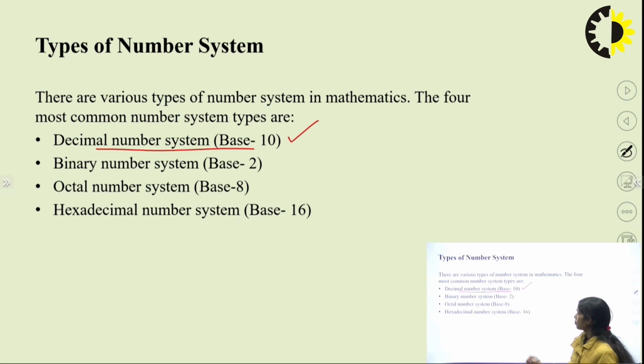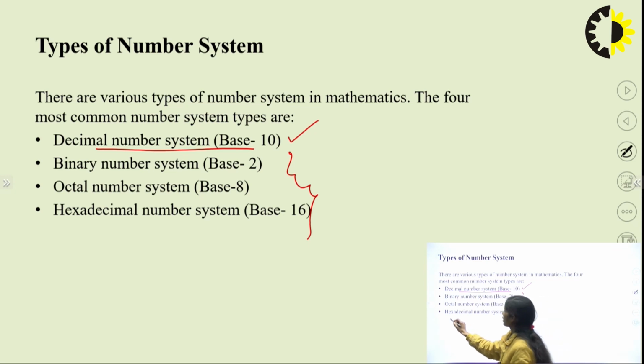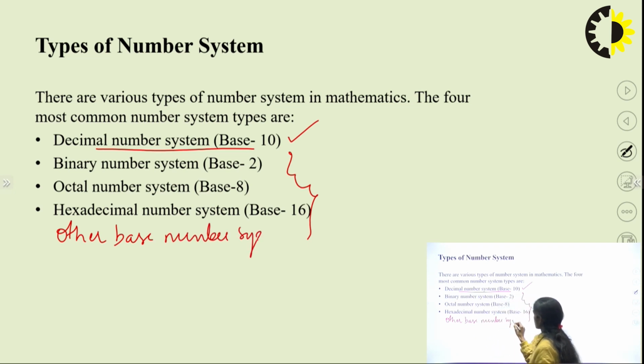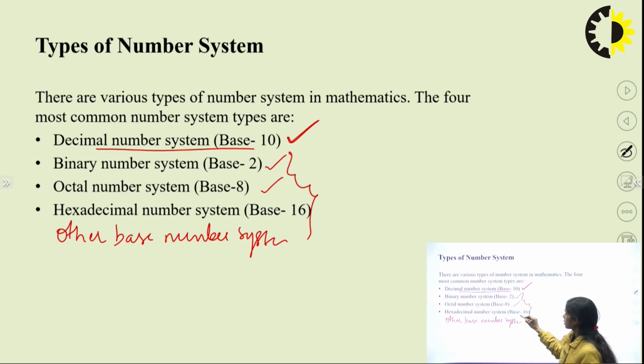Now, we also have other number systems; I can include other base systems here. After the decimal number system, we have other number systems like binary number system, octal number system, hexadecimal, and other base number systems.